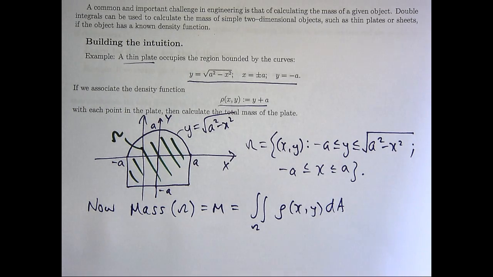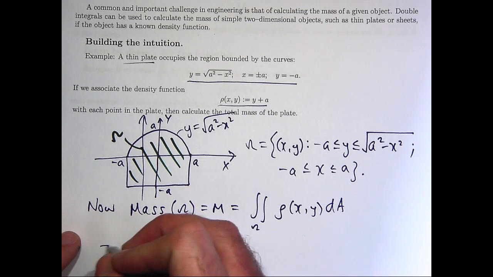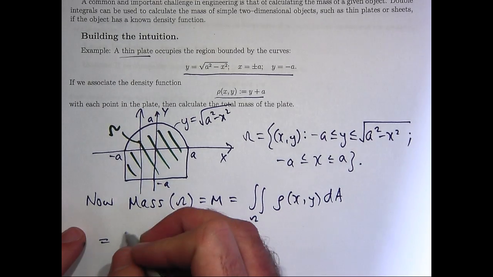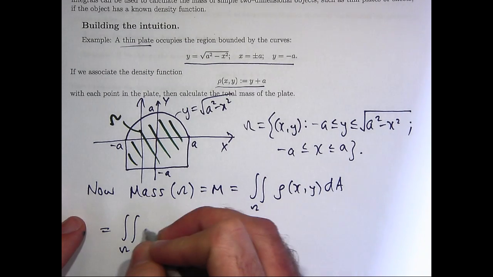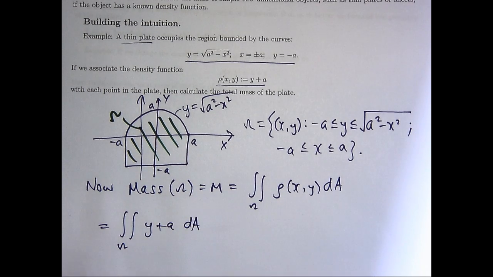And I can simplify things a little bit if I write this in here and leave it in this dA form. Now, if I expand this into two double integrals, you'll see that the little a part gives you some sort of simple version.